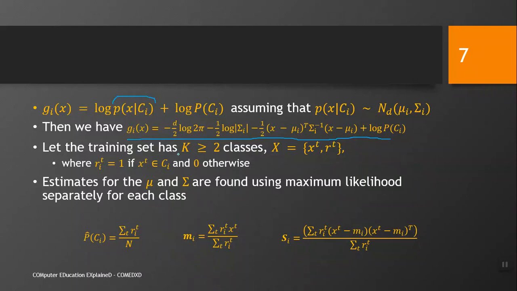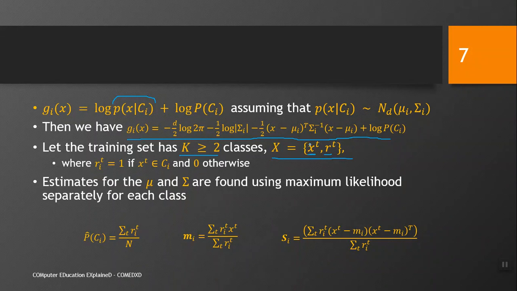Let the training set have K classes, where K is greater than or equal to 2, meaning that there are 2 or more than 2 classes in our data set. The data set could be represented as this, where t is the index of the instance, X is the total data set, x^t is a vector of features of instance t, and this is the class of instance t.